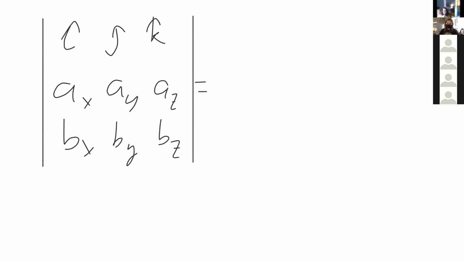The way we solve it with a matrix is you start in the upper left-hand corner, and you're going to go down and to the right, and you're going to multiply everything along that diagonal together. So the stuff that I've highlighted right here is going to be ay times bz i hat. And then I move one to the right and go along the diagonal.